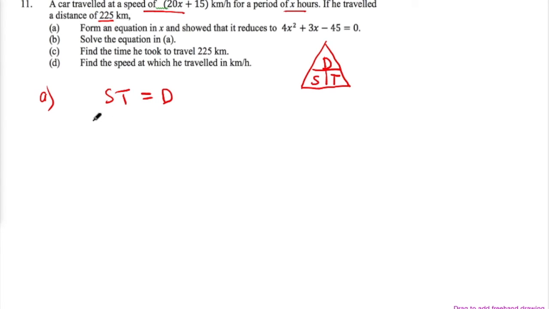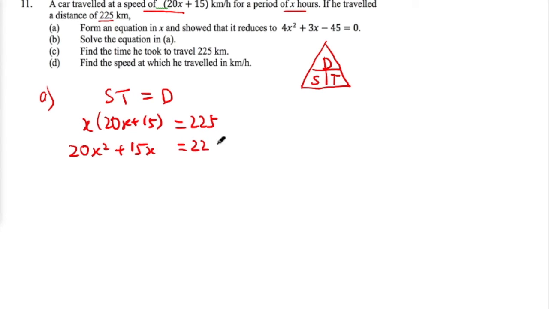The speed is 20x plus 15, and the time is x hours. The distance is 225. Okay, then we expand it. 20x squared plus 15x equals to 225. We need to get this equation, so we make the right hand side 0.